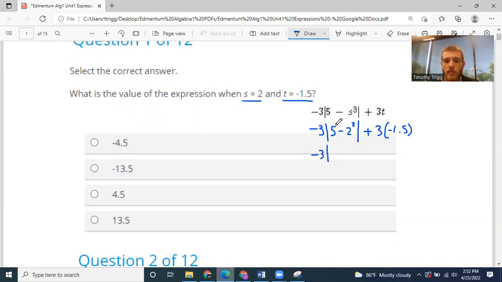And I'm going to work out the inside of the absolute value first. So this is going to be 5 minus 2 to the power of 3. Again, that means 2 times 2 times 2, that's 8. Plus 3 times -1.5. Let's work out what's in the absolute value. 5 minus 8 is -3. That's in the absolute value.